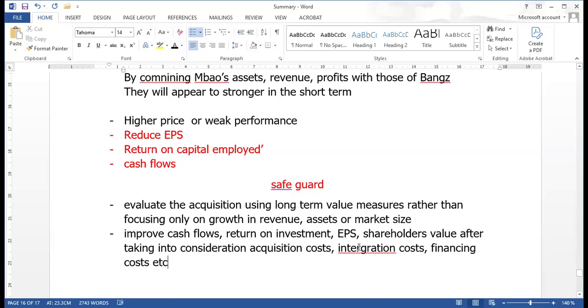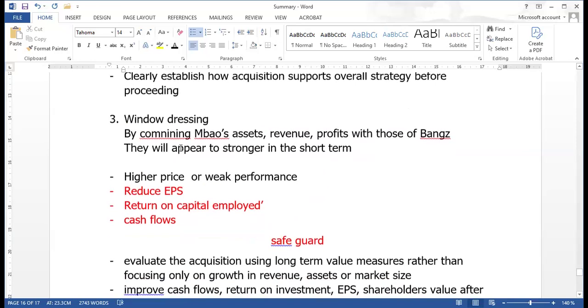So what will be the shareholders' value when you take all those things into consideration? That's how you can deal with window dressing.